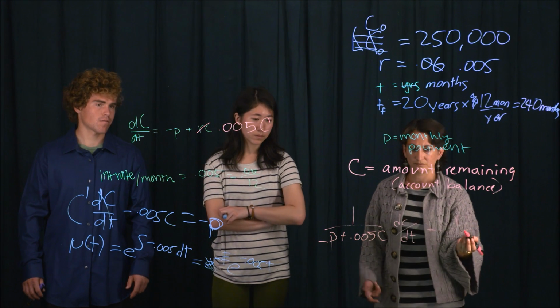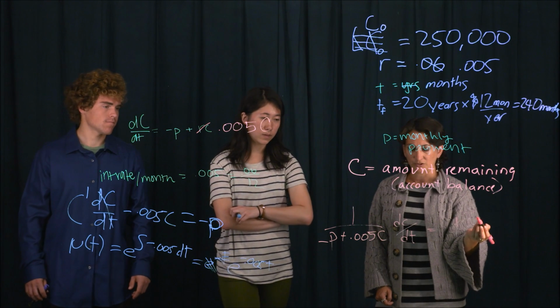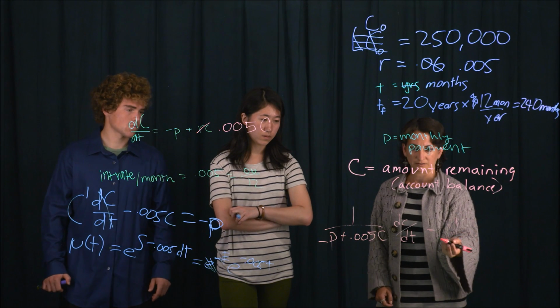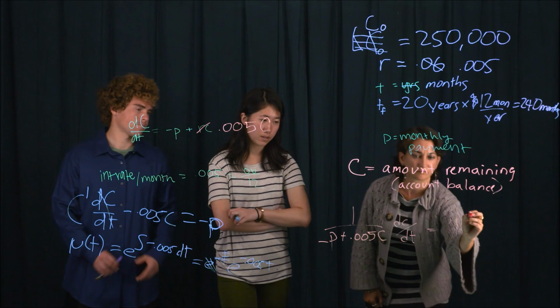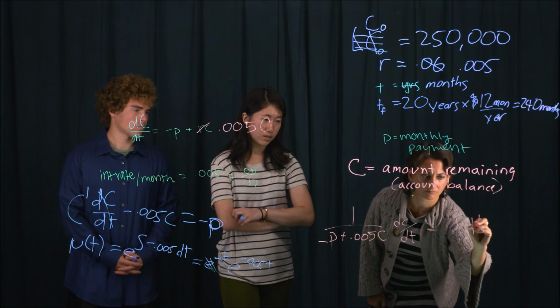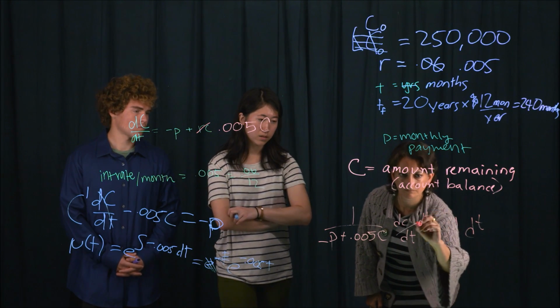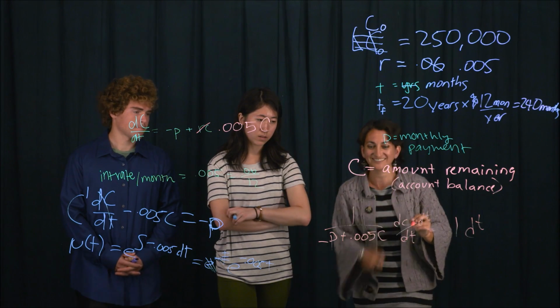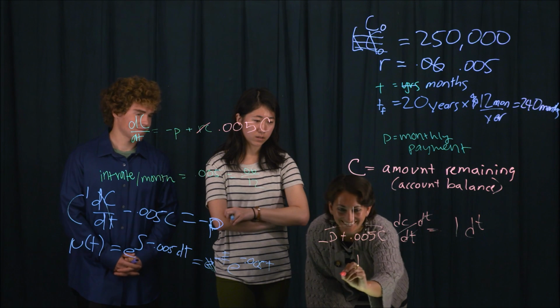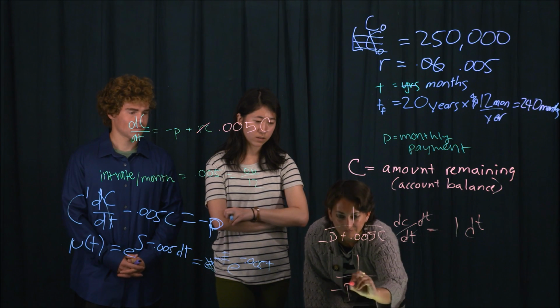Very good. So then we could integrate both sides. If that's dt, you multiply both sides by dt. Okay, can you rewrite that equation one more time?